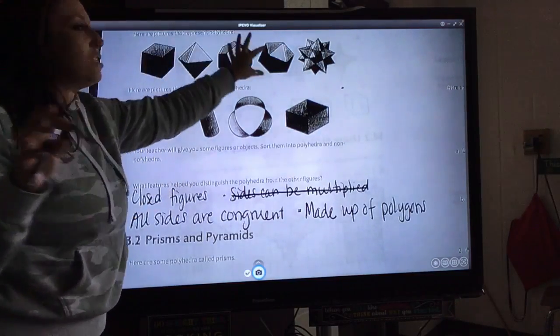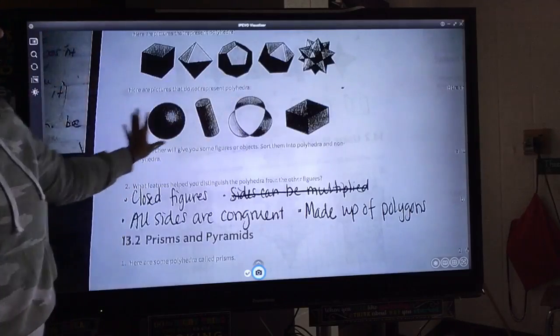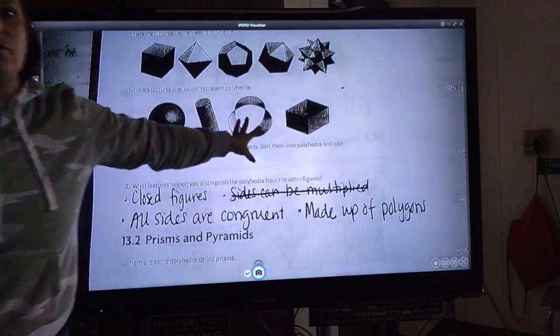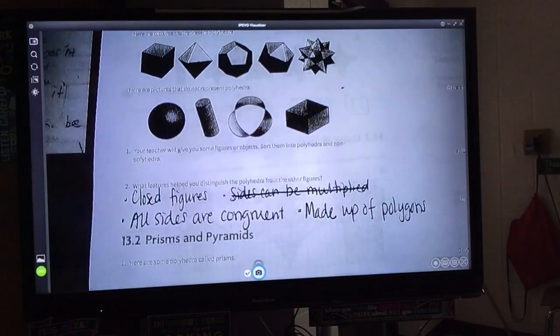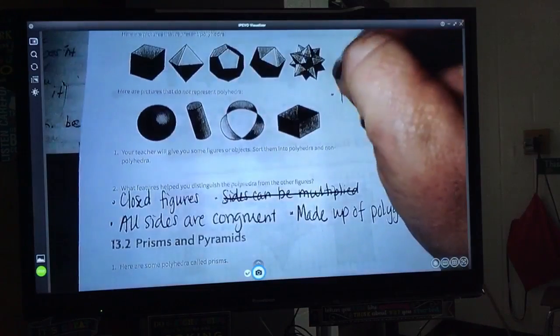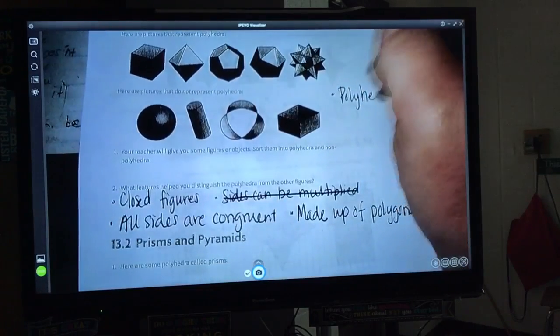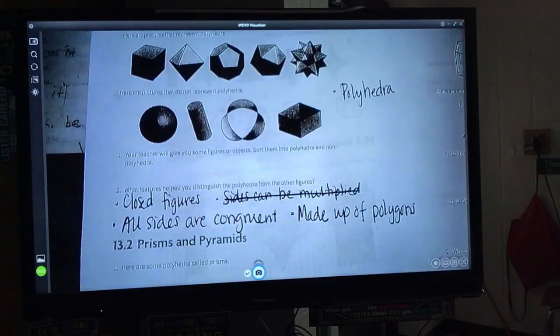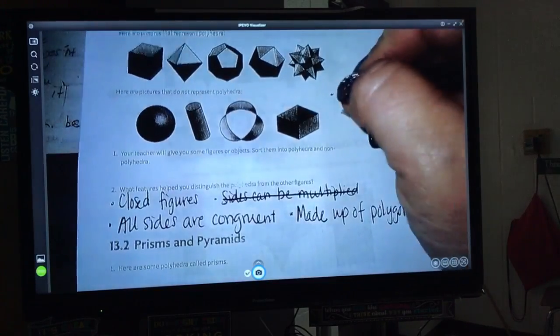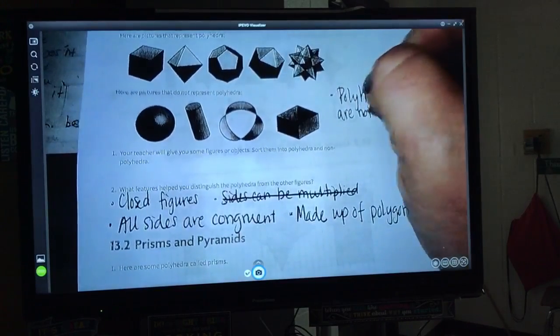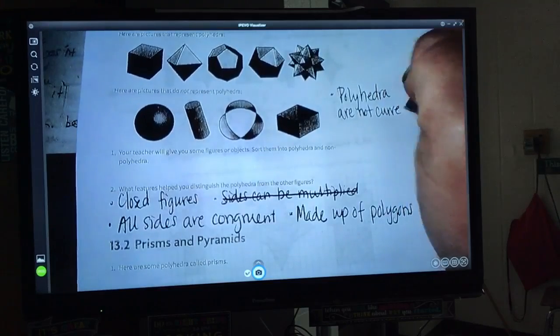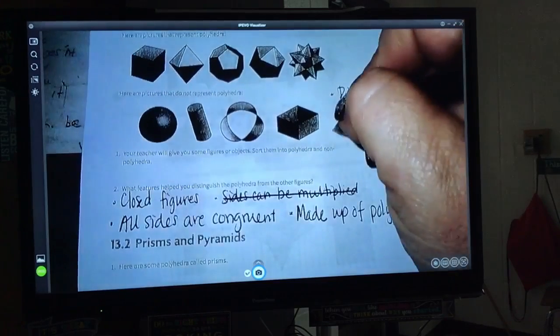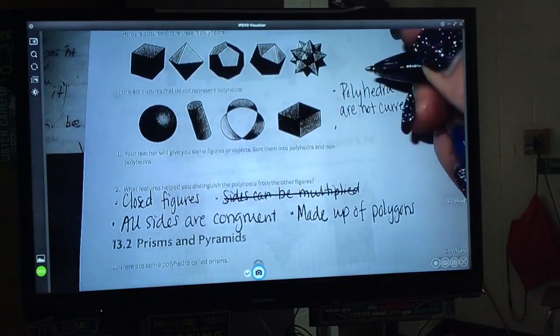But the edges on the top 5 compared to some of the edges on the bottom 4, we need to make that very specific. Yes? They're curved and not curved. Alright, so polyhedra, are they curved or not curved? Not curved. Okay. And Dax, you said they're made up of squares and triangles?